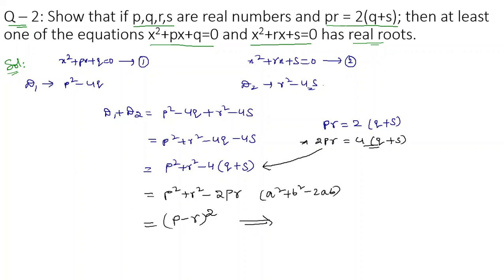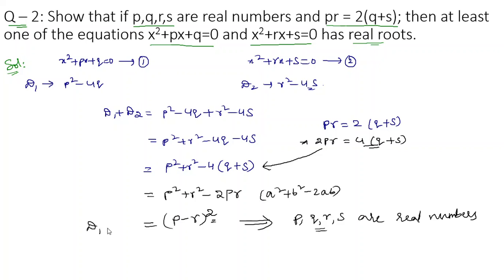And we are able to write it as p minus r whole square only because p, q, r and s are real numbers. If these were complex numbers, then we couldn't write p square plus r square minus 2pr as p minus r whole square.